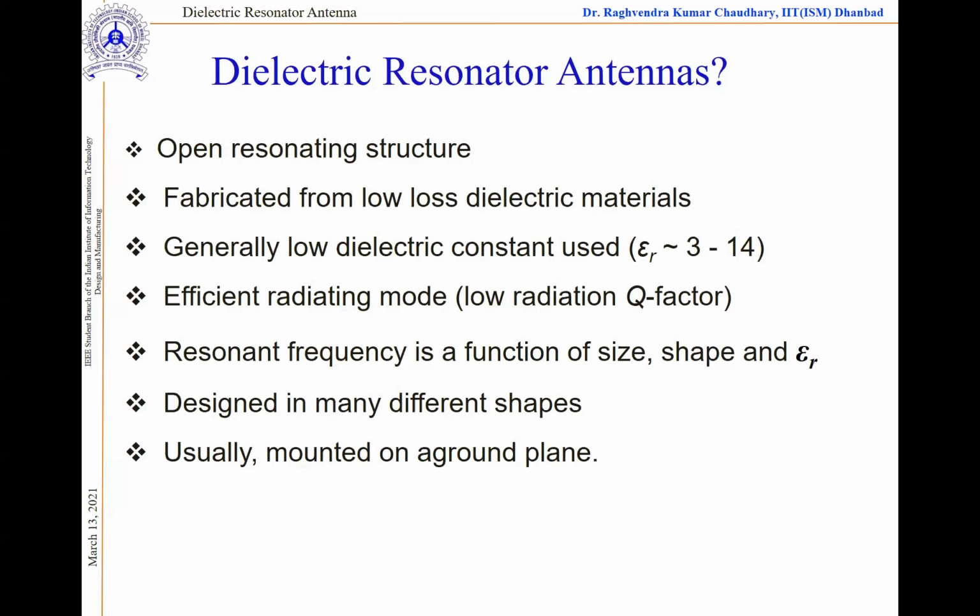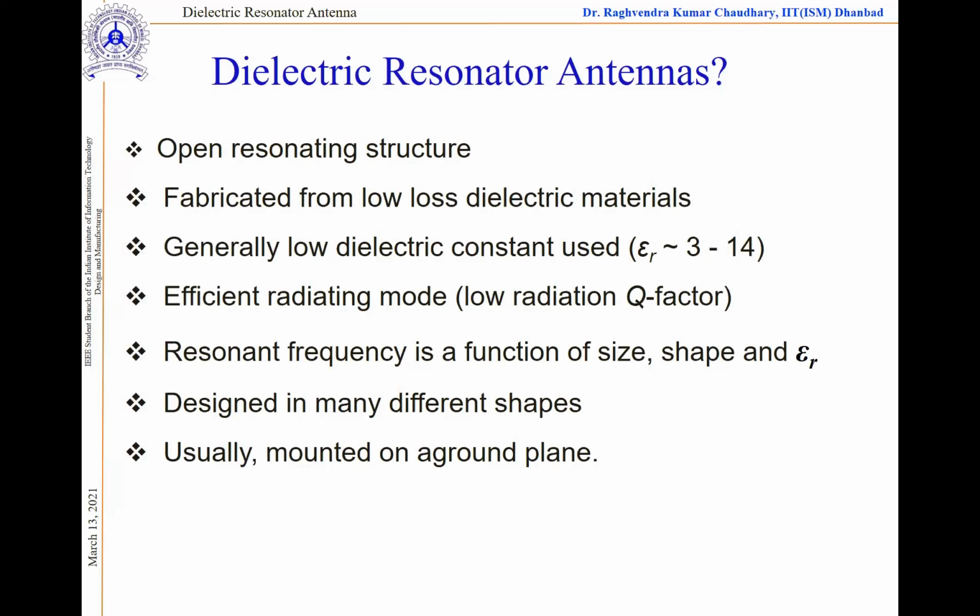Let's say if we are exciting with a TE01 delta mode, the radiation pattern will be broadside. For the TM01 delta, it is omnidirectional. So this is a very beautiful property with the DRA.